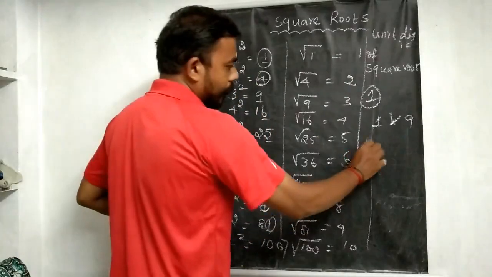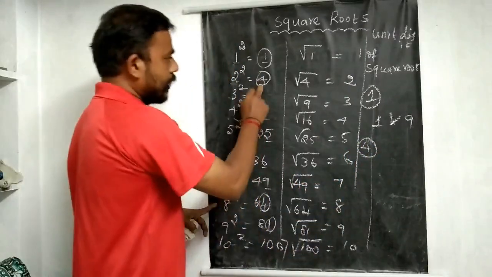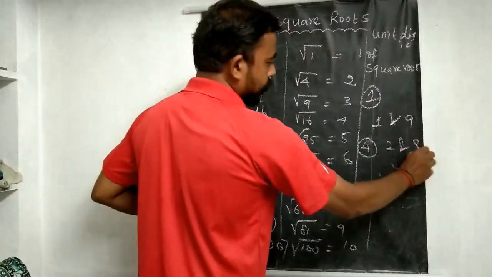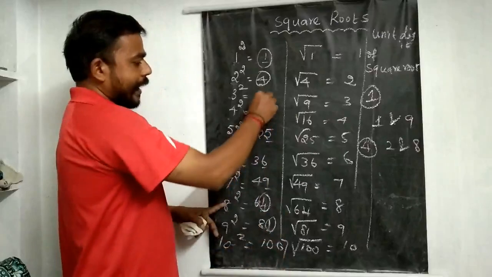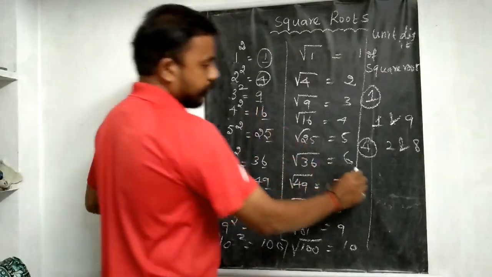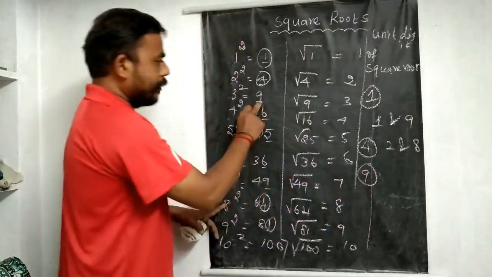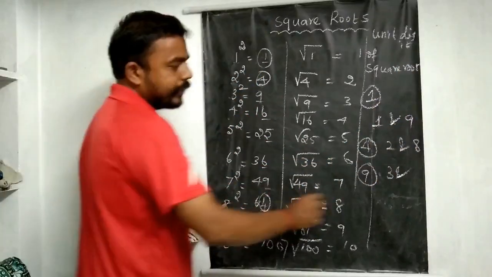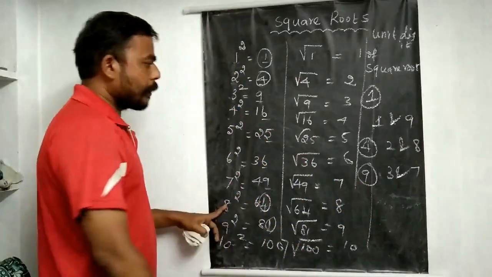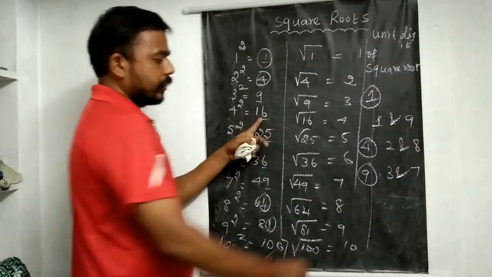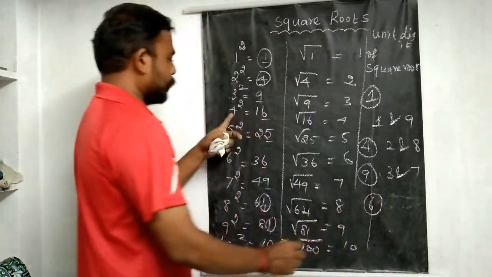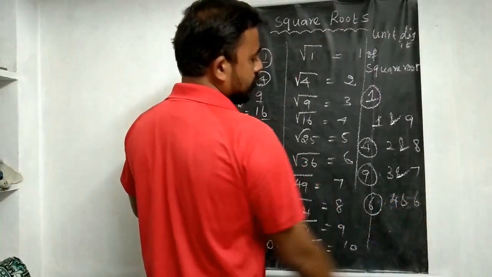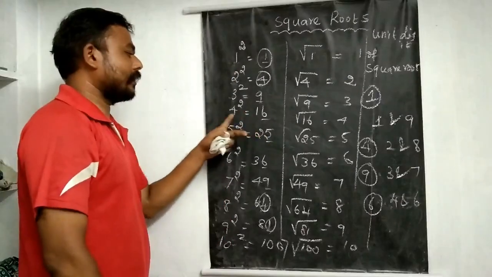If you have a number ending in 4, the answer is 2 or 8. For 9, it is possible 3 or 7. Come to 6: the possibility is 4 or 6.